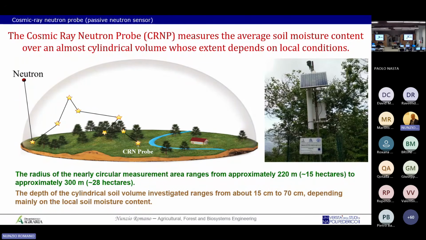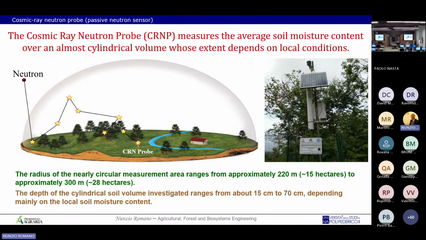Then we go into more detail on why I call this the passive neutron probe. Passive neutron probe because there is no radiation source that produces the fast neutrons, but we collect the fast neutrons from the cosmic rays that reach our planet.